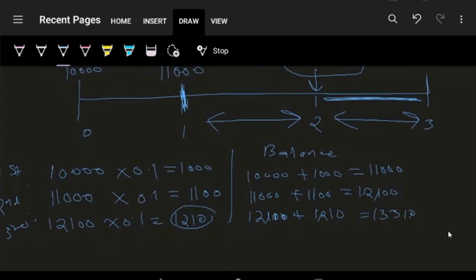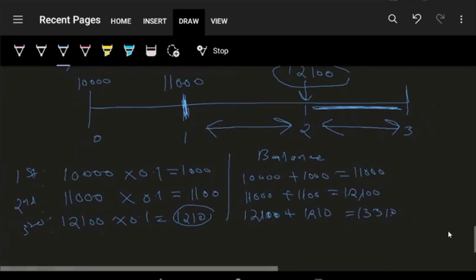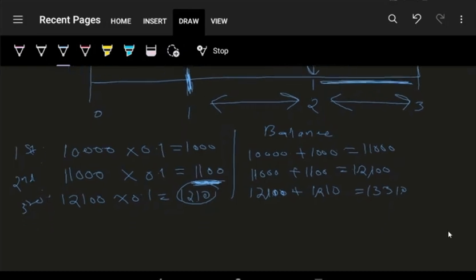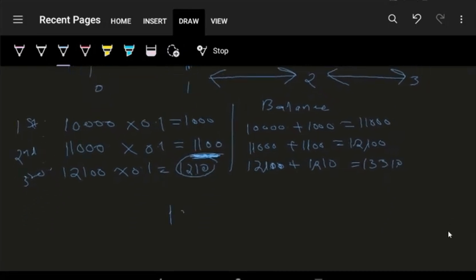One more way to see this problem is, in simple interest, the interest itself was not earning interest. But in this example, in the second year, you see we have calculated interest as 1,100. So this 1,100 has two parts. First is the 1,000 and the second part is 100.